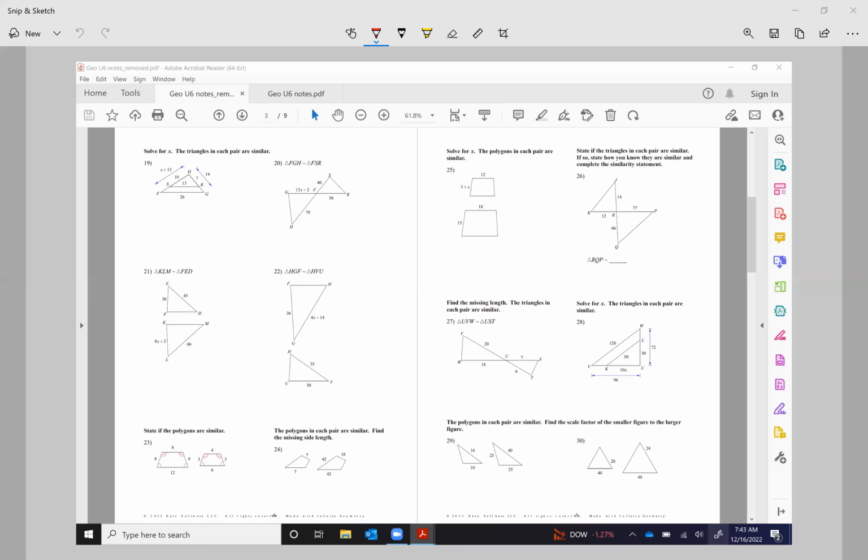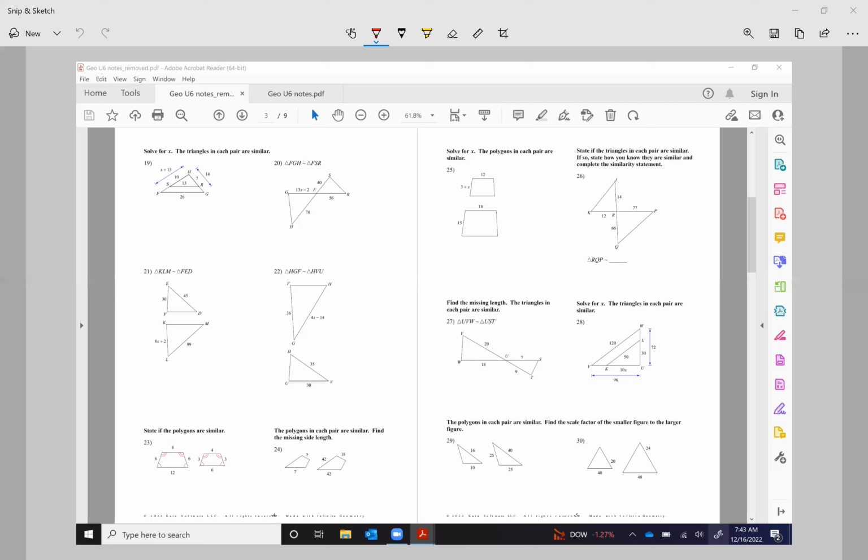Okay, so let's take a look. The other one starts with R. So the first letter is R. And I know R corresponds to A. So my first letter will be A. And then the second letter is Q, right? But think about it. I'm using the side RQ.